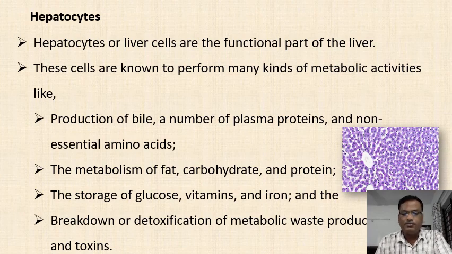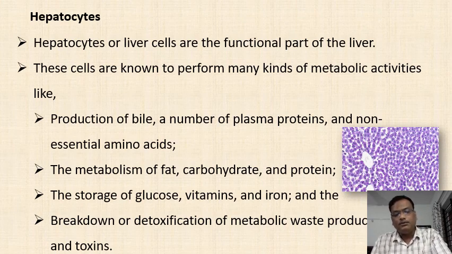So essential amino acids will be available to the body through the diet. So the amino acids which are going to be produced by the liver, we need not take in the form of food. So liver also has a function of production of amino acids, and it is also involved in metabolism of fat, metabolism of carbohydrate, and metabolism of proteins. Okay, and as we already discussed, storage of glucose.